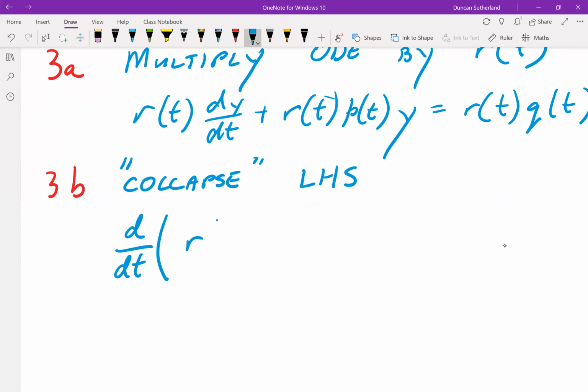The general solution. y equals the integral of R(t) q(t) dt over R of t, where R of t is equal to e to the integral of p of t dt.